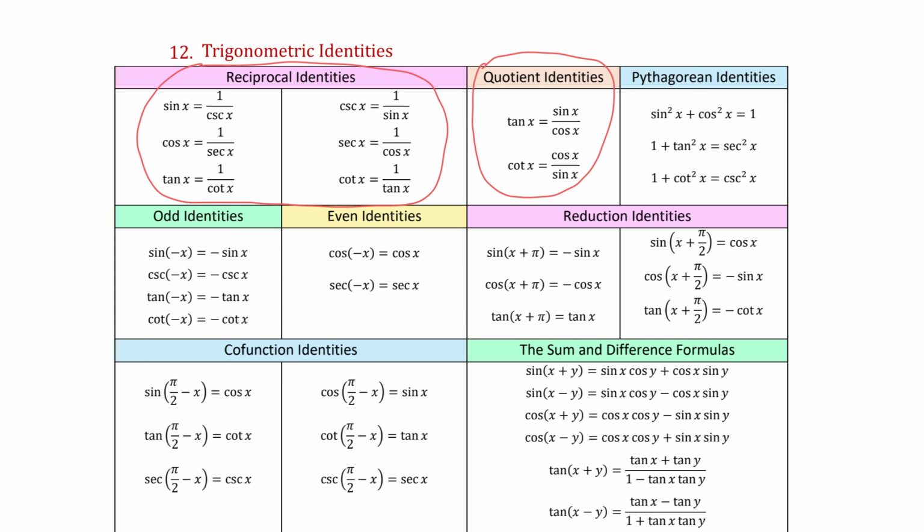Also frequently used are the Pythagorean identities, and these are sine squared of x plus cosine squared of x equals 1, 1 plus tangent squared of x equals secant squared of x, and 1 plus cotangent squared of x equals cosecant squared of x.